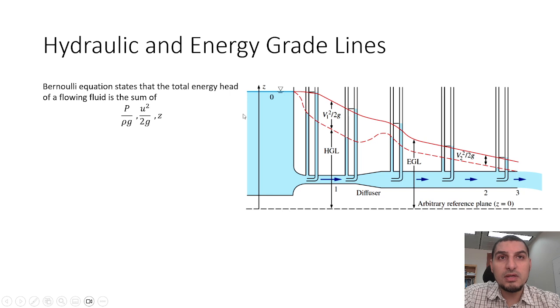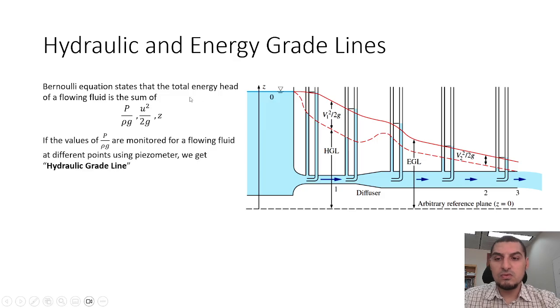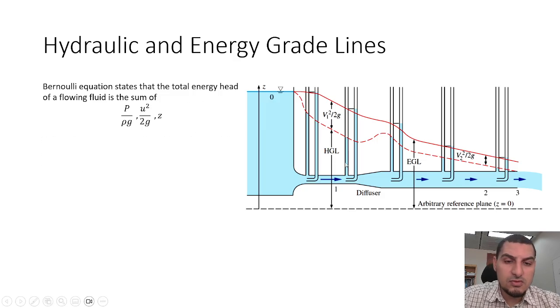And there are ways that we are sometimes interested in to see how the energy is changing while the fluid is flowing from one point to another. So as we see here, there is a tank that is filled with, let's say, water, and this fluid is flowing in this pipe.